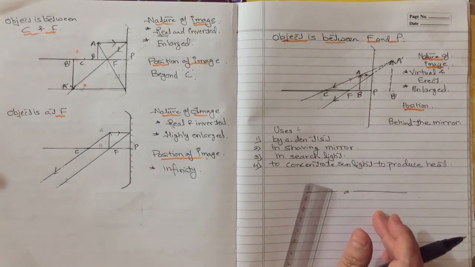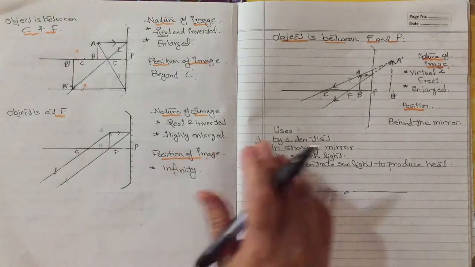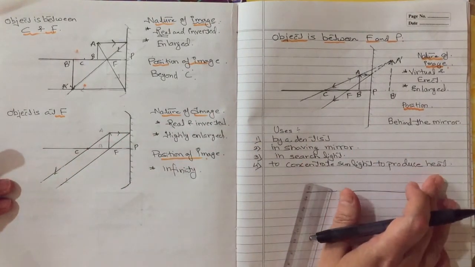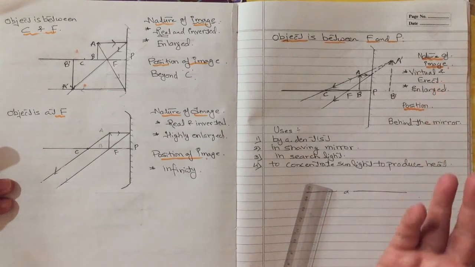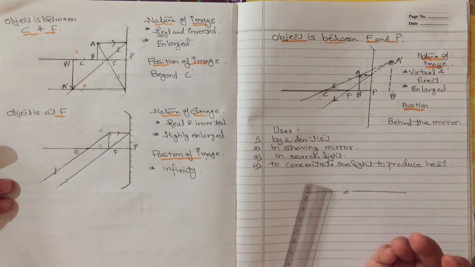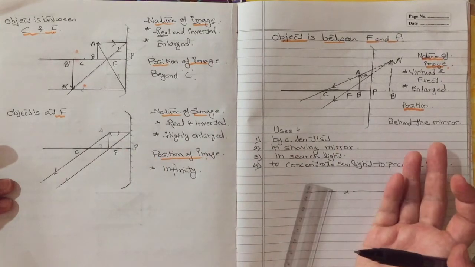So children, we have done all the ray diagrams of concave mirror. All these ray diagrams are very important, especially the nature of the image and the position of the image. It is important to draw the diagram.